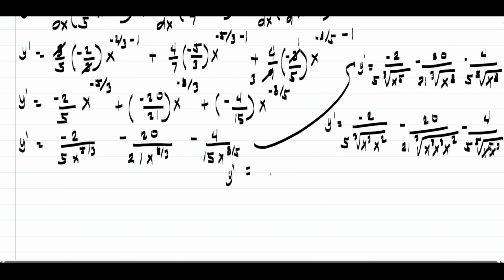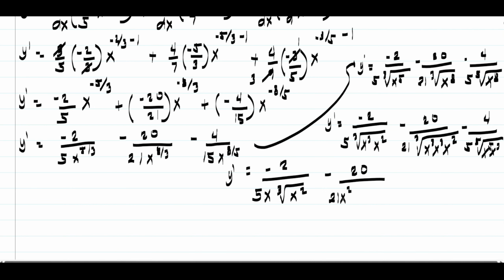y prime equals negative 2 over 5. And since we only have one x cubed, we are going to have x and then cube root of x squared minus 20 over 21. And since we have 2 x cubed, we are going to have x squared.